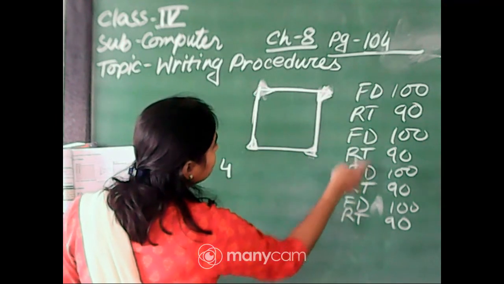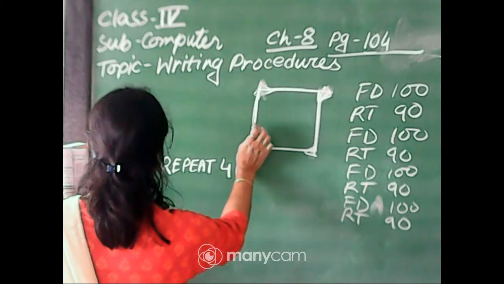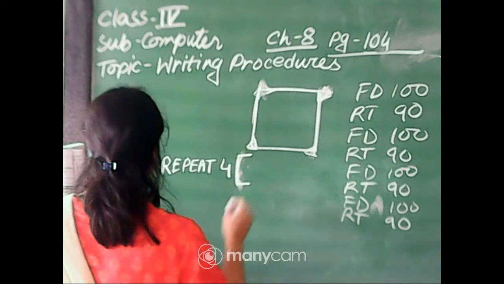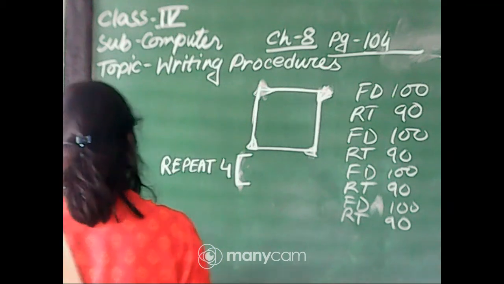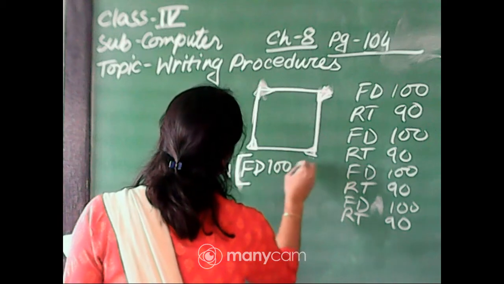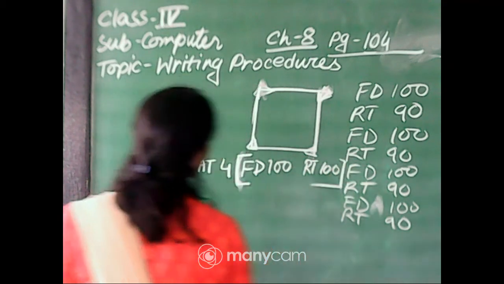So repeat 4, and you have to give the square bracket. In the square bracket write FD 100 space RT 90, then close the bracket.